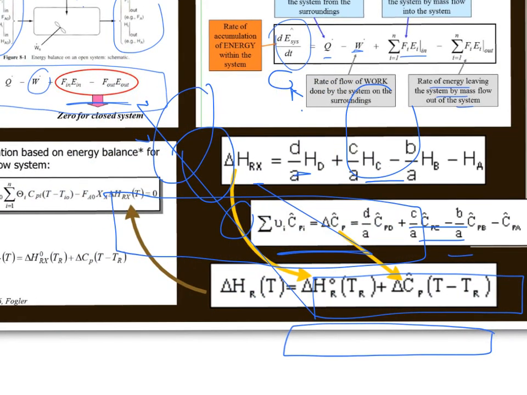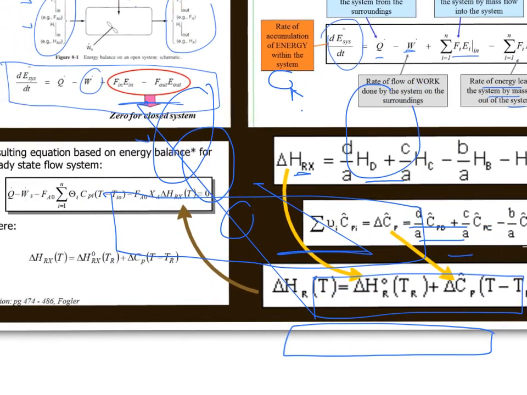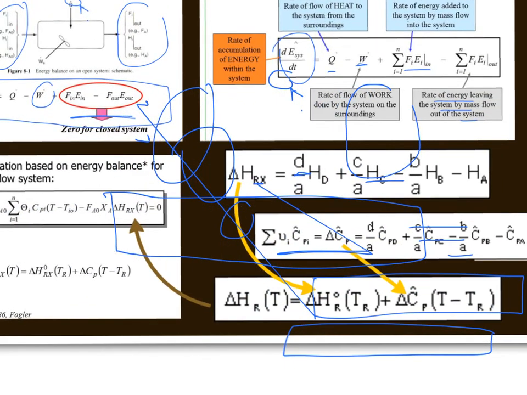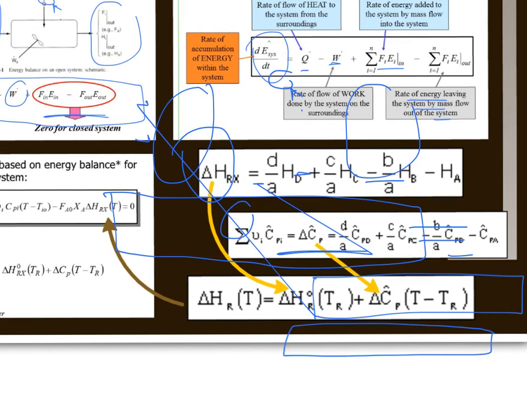But you can see here, we get this particular term by introducing the heat of reaction. The heat of reaction is defined based on the following equation. So basically, this will give you the heat of reaction at the reference temperature. Normally, this is at 25 degrees, for example, but it depends.